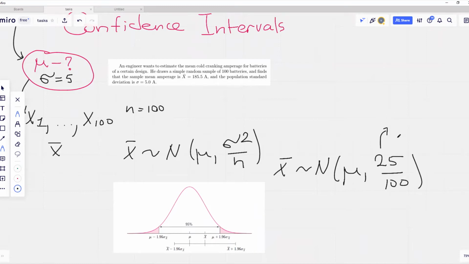This value here is also known as the standard error of the mean.